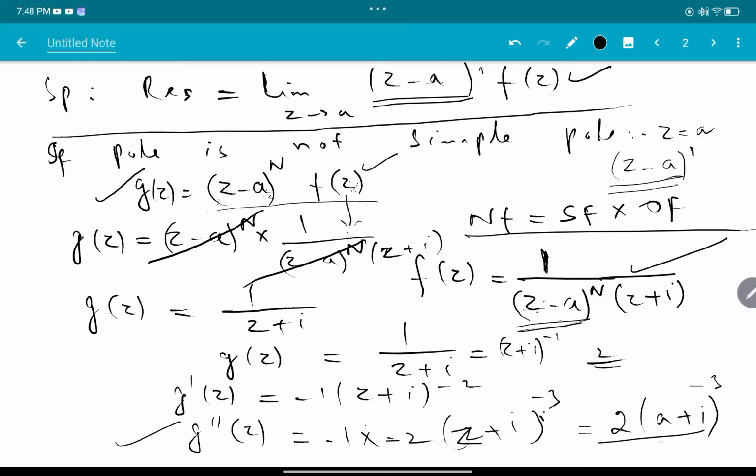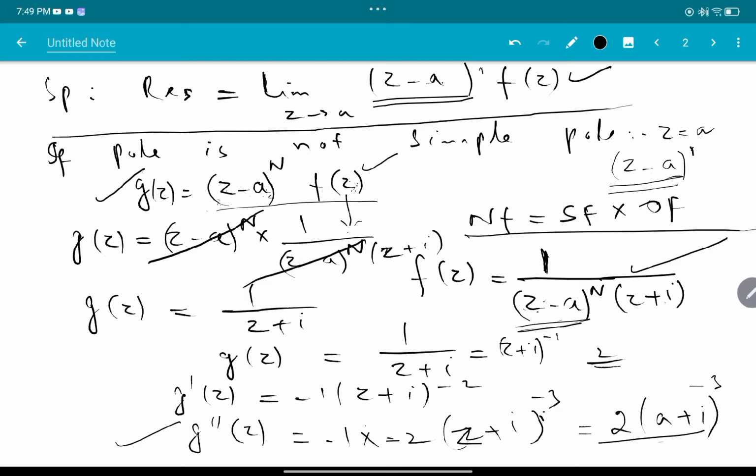I hope this helps you and makes this procedure very simple. You just remember one thing: you create a new function by multiplying the old function by the singularity factor. Once you do that, you have finished half of the problem. So we need not worry about this calculation of residues.